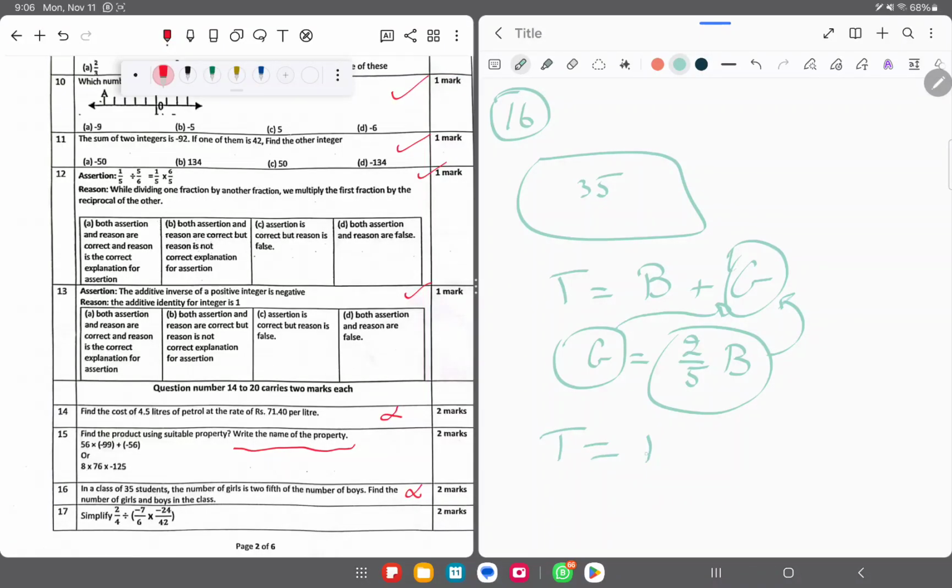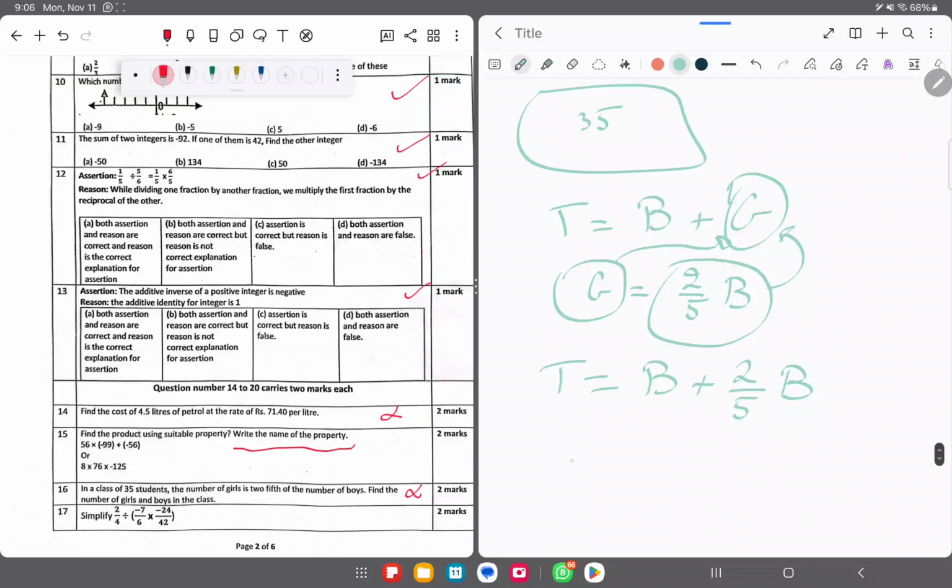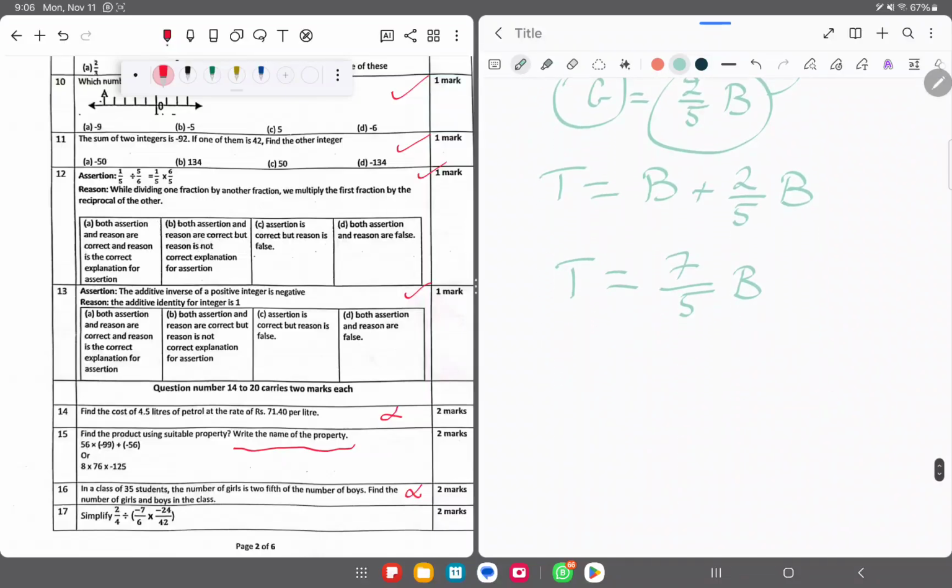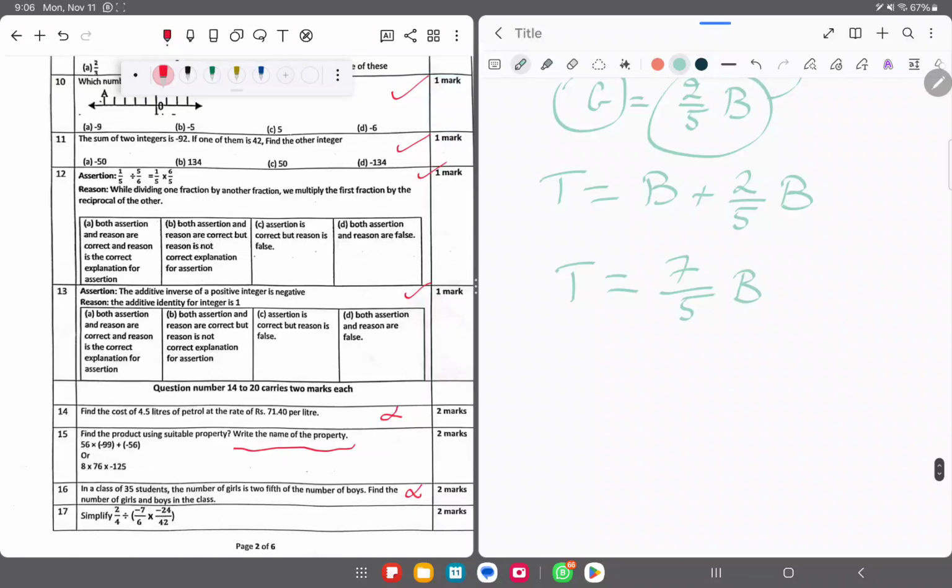So t is equal to b plus 2/5b. Now I need to get b and t. First of all, t is equal to 7/5b. Now what do I do with this? I also need to write b is equal to 5/7t.